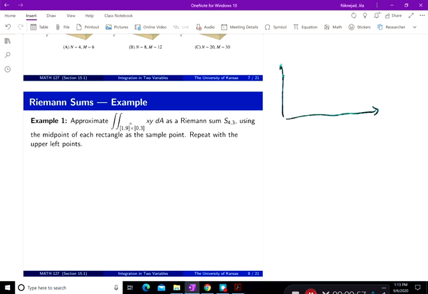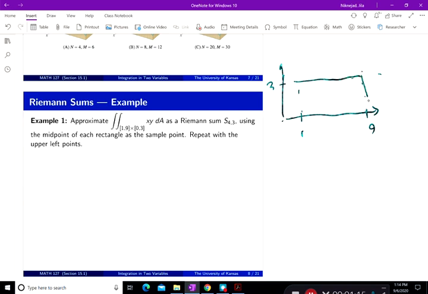It says 1 and 9, 1 over here, 9 over here, and times 0 and 3, and let's say 3 over here. I didn't have to draw 0 because the x-axis was there.